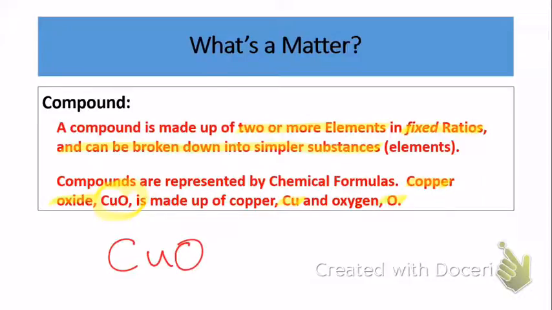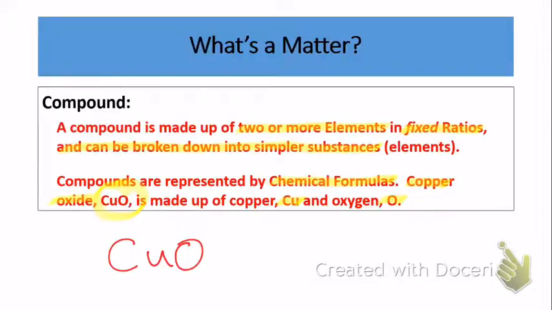All compounds are represented either by their proper name, such as copper oxide, or their chemical formula. And we're going to learn how to name chemical compounds in due time, as well as how to properly write the correct chemical formulas of these compounds.